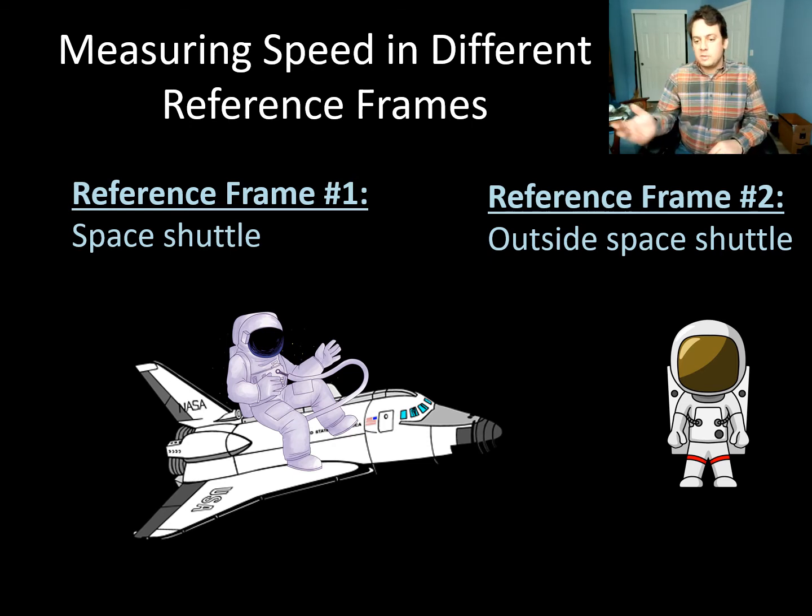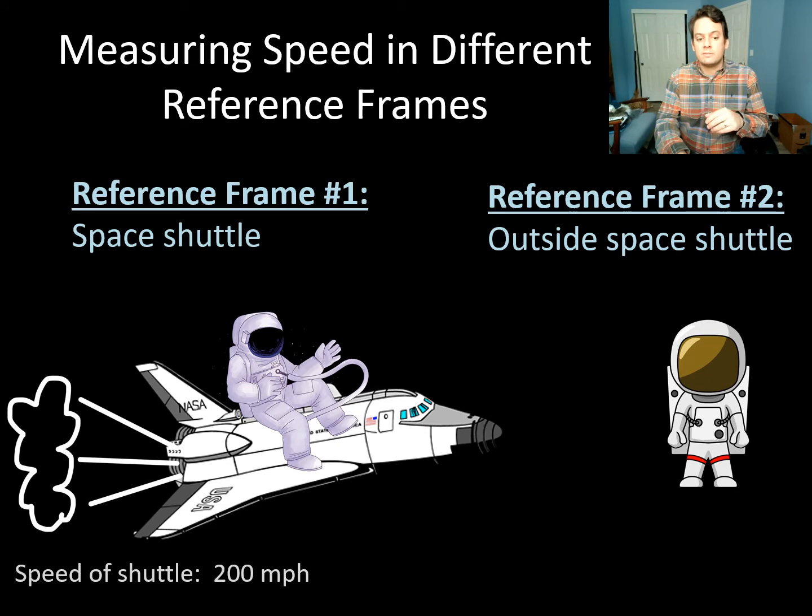So he's outside the space shuttle and not attached to it. He's just floating off by himself. I don't know if he got untethered from the space shuttle, in which case you feel bad for him, or if he's got a rocket pack on him, so he's fine. Anyway, we've got these two different reference frames, and now they're going to make some observations, and we're going to ask, how do those observations compare and contrast?